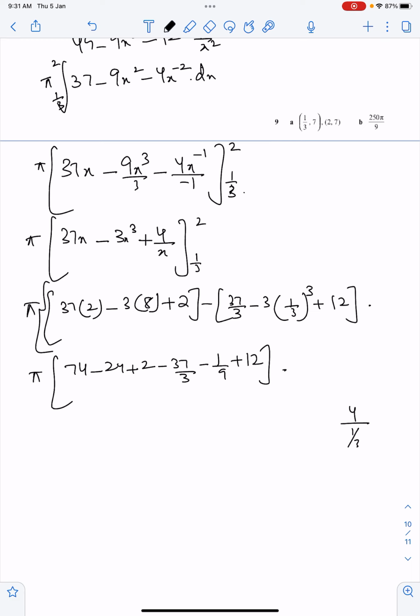So I'm getting 449. I'm getting 446 upon 9 pi.